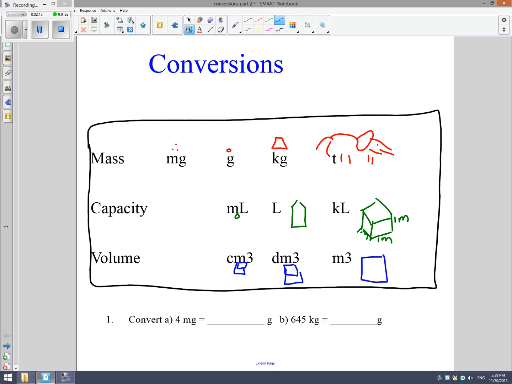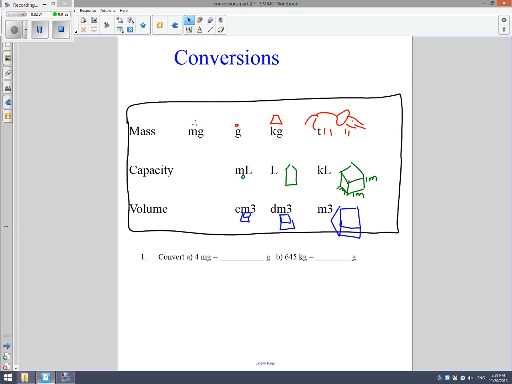Anyhow, very hard to draw when the board is not cooperating. But you get the gist. That these are getting units from smaller to larger. And when you make your conversions, you have to understand that I'm going from a smaller to a bigger, so what will happen to my number?